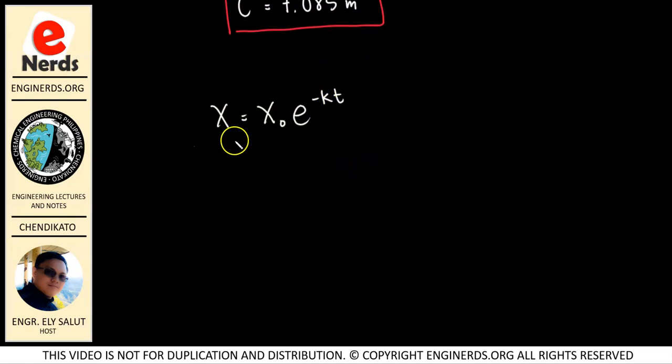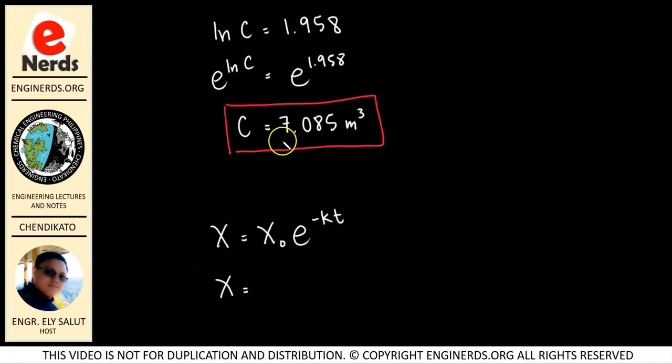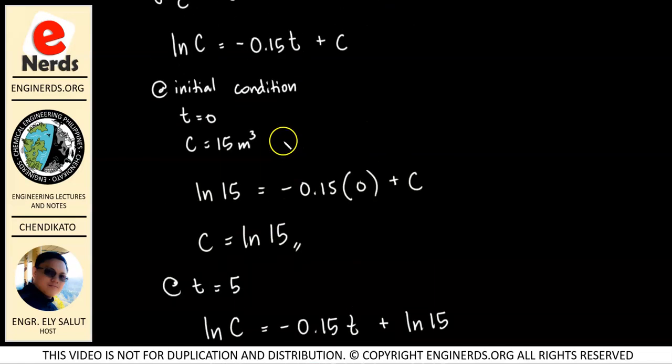Okay, so we want to know what will be the capacity x at time equal to 5 years, right? So we don't know the value of x, but we know our initial condition. So the capacity at time equal to 0, let me review what that is.